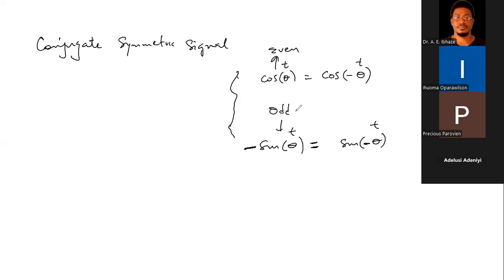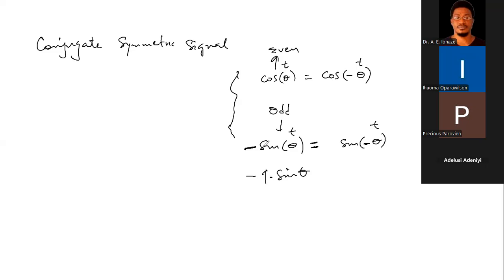In other words, the time reversal for your odd signal impacts the entire signal. So this sine theta is more like saying our amplitude is minus 1 dot sine theta, because 1 being the amplitude here is not represented.